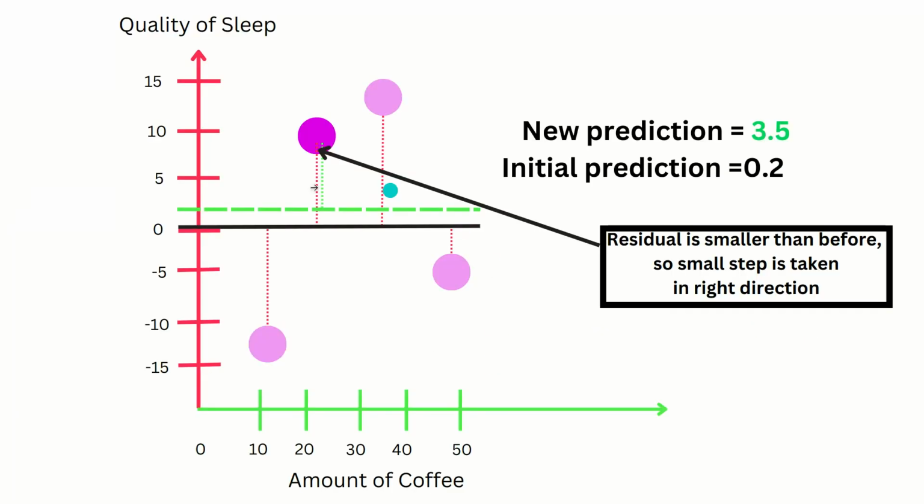In the diagram, we can see the new residual vertical dotted green line is smaller than previous residual. So residual is smaller than before, so small step is taken in right direction.